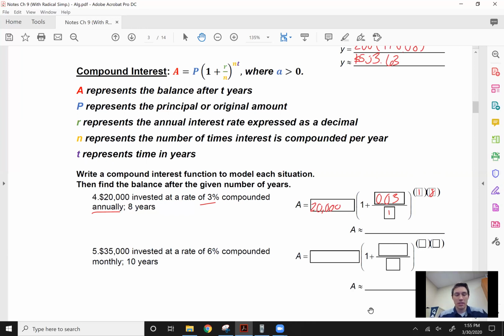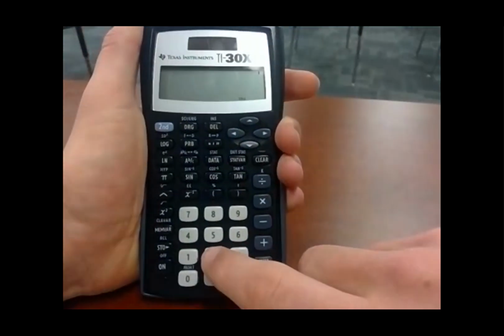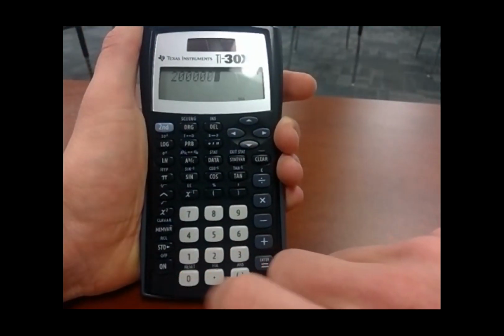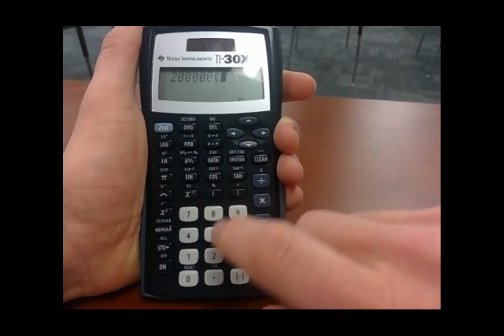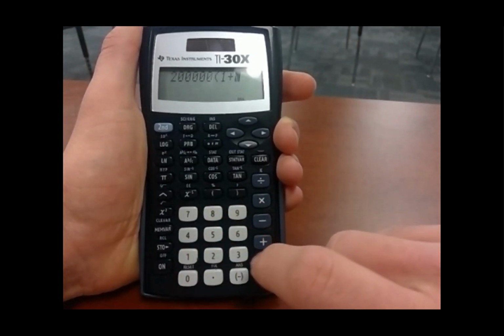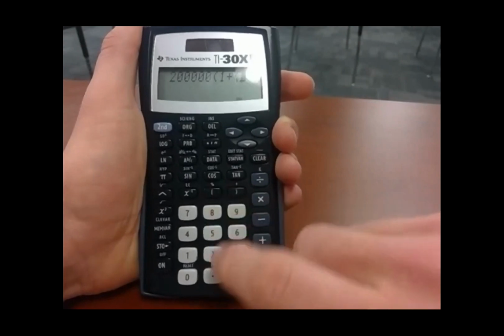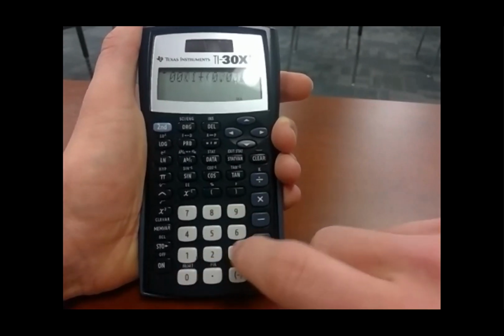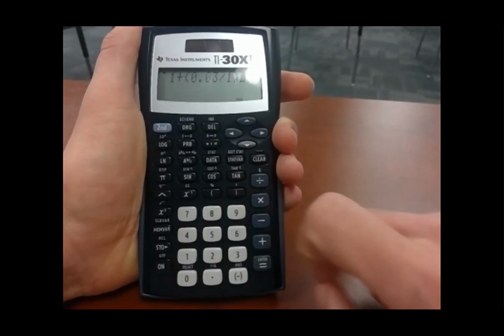So in this case, it's going to look like 200,000. Now we have to be careful with this. Parenthesis, 1 plus. Now I've got to use parentheses again. 0.03. Now in this case, dividing by 1 isn't going to change anything.